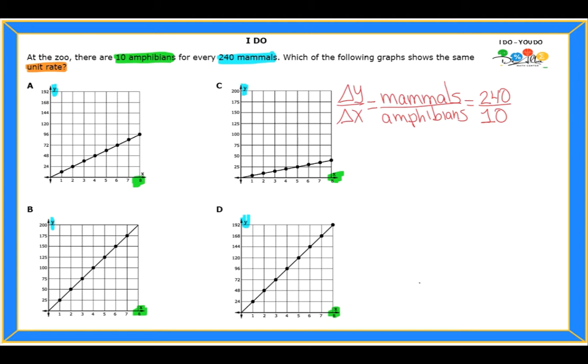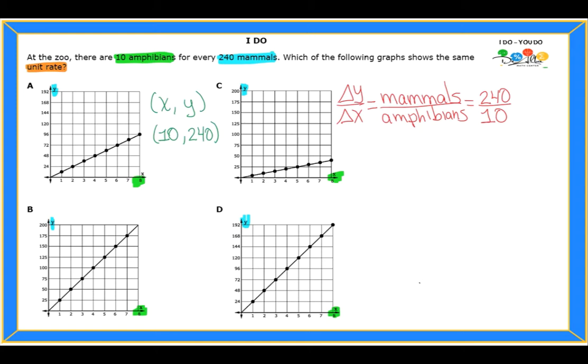Now, if I want to write that comparison as a coordinate where X and Y is included, I want an ordered pair, then just be careful because X is actually a 10 and Y is 240. Make sure that you write the X and the Y where they belong.